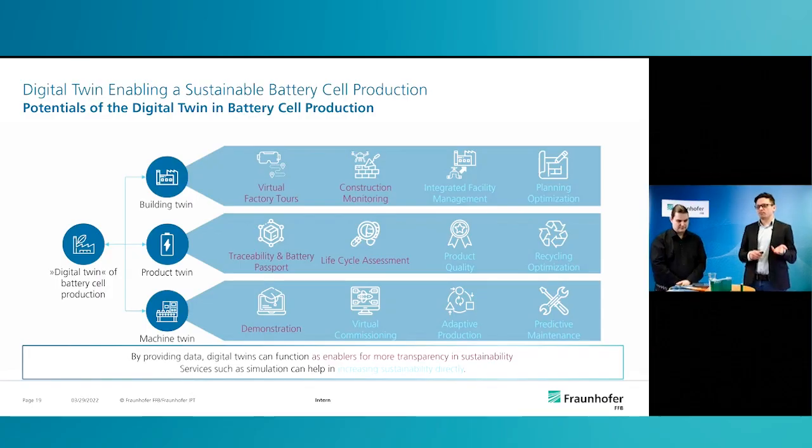Yeah, it's a topic that we also discussed a lot with other research institutes, but also with other industry partners. Actually, if you take a look at these three kinds of twin, there are a lot of other topics that it's difficult to put there. So for example, is a handling robot part of a machine, like do you set up a machine twin for it? And the same goes with the logistics equipment, so an AGV.